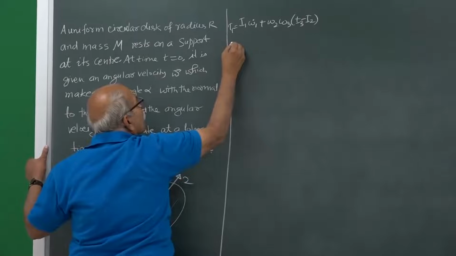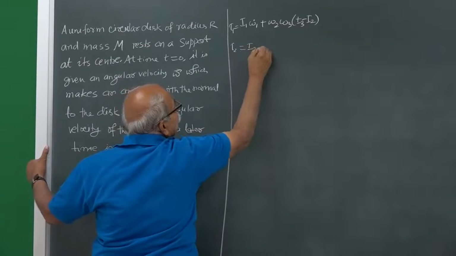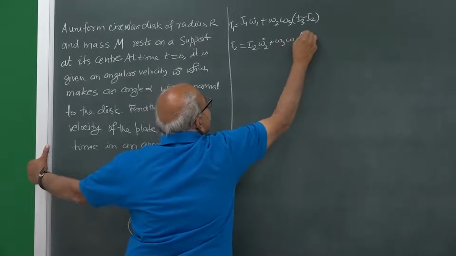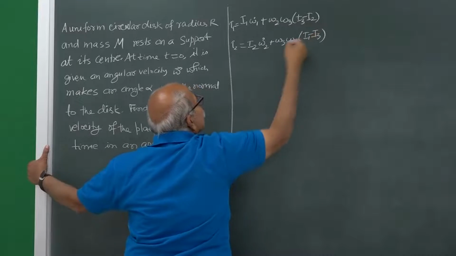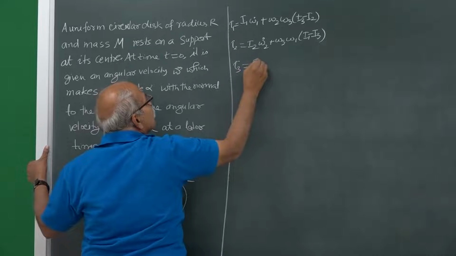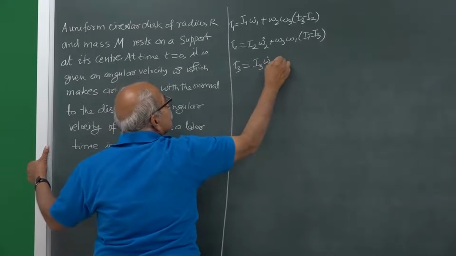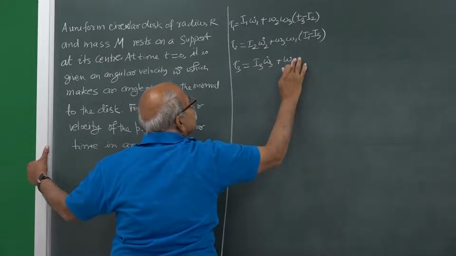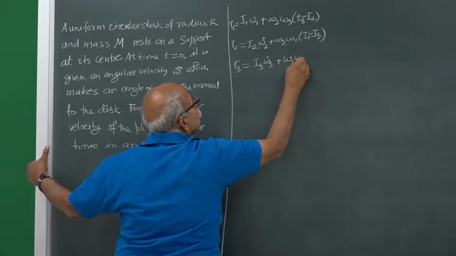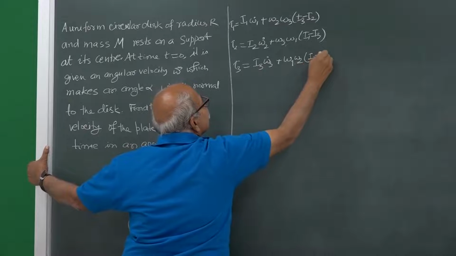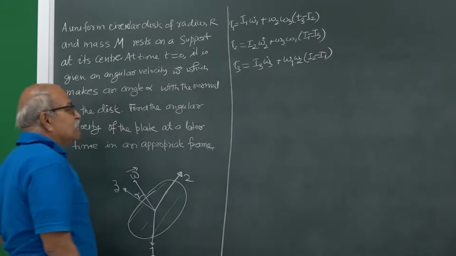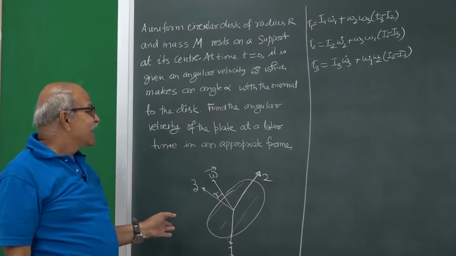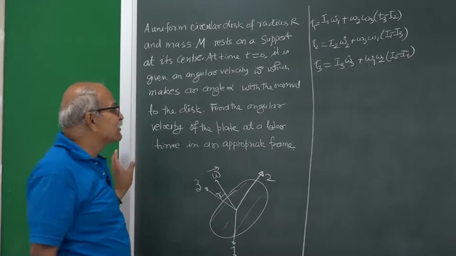Tau 2 is I2 omega 2 dot plus omega 3 omega 1 times (I1 minus I3), and tau 3 is equal to I3 omega 3 dot plus omega 1 omega 2 times (I2 minus I1). So, these are the Euler equations. In our case tau 1, tau 2, tau 3 all are 0, and then let us see what happens.